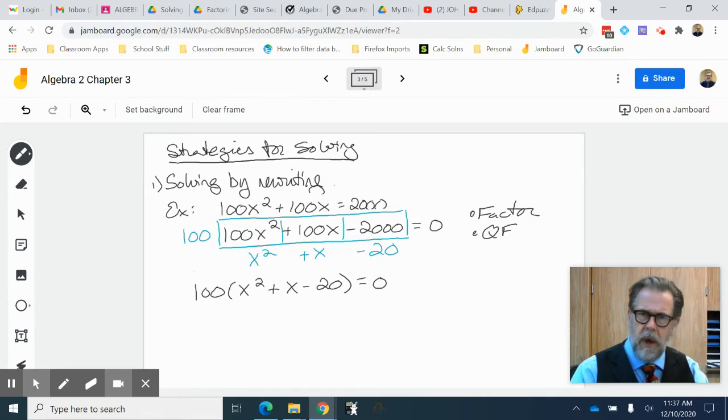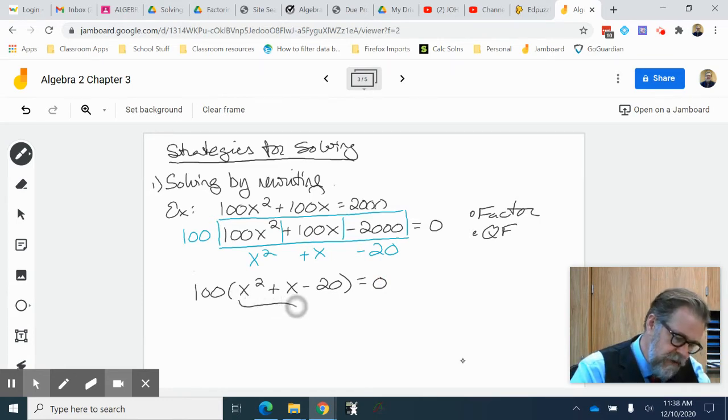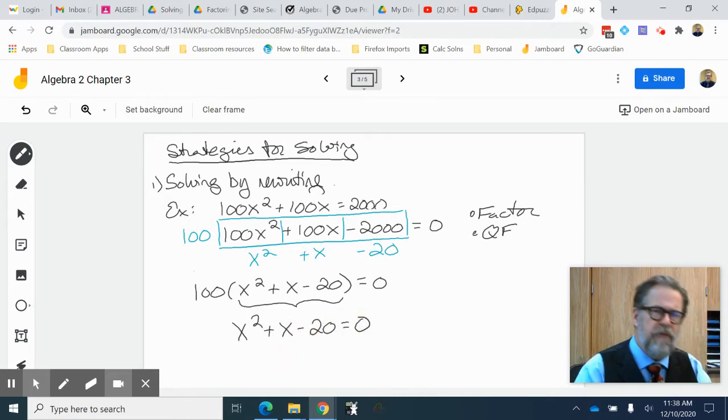And the zero product property says that if I multiply two things together and they equal 0, one of them must equal 0. But since 100 doesn't equal 0, this tells me that x squared plus x minus 20 is equal to 0. And that is a very easy quadratic to solve, whether you use factoring or the quadratic formula.